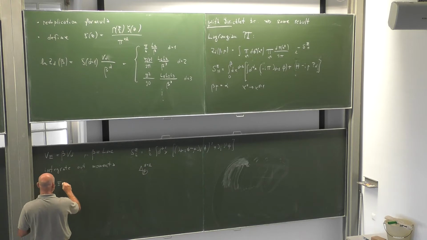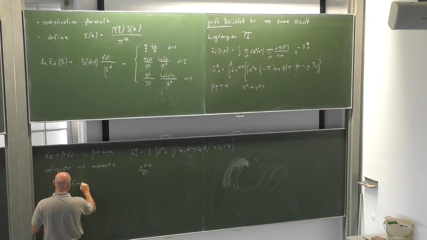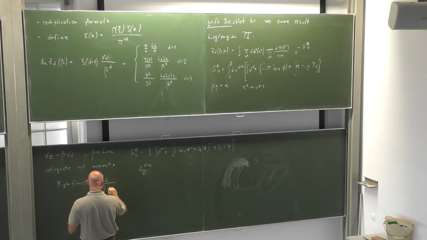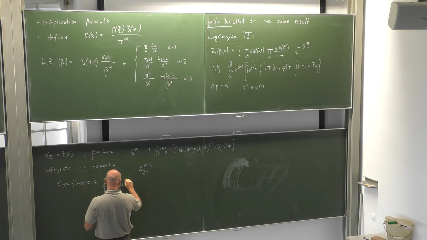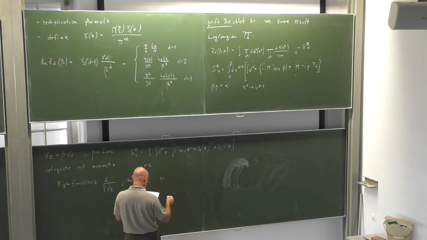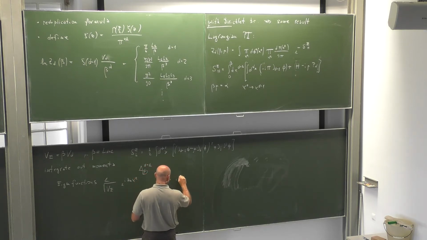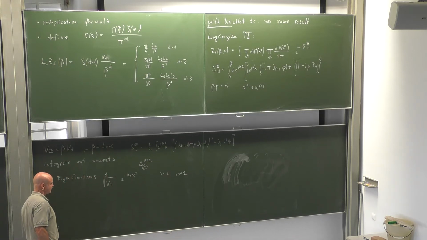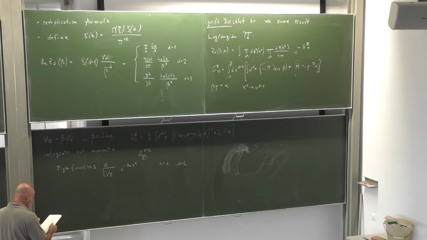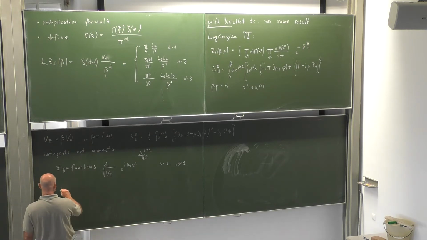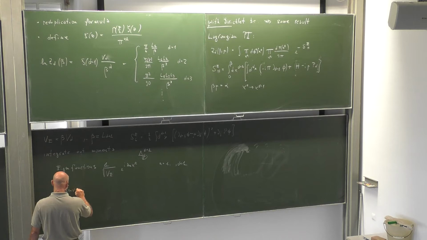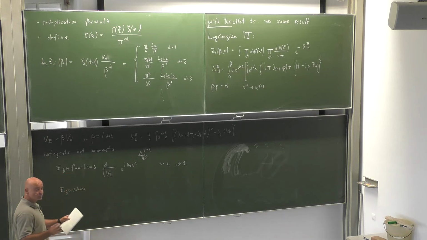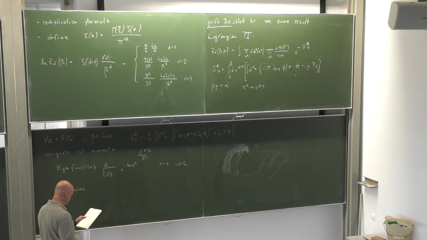In this case, the eigenfunctions are 1 over square root of V, e to the i k_a x^a, and now my index a runs from 1 to d plus 1, all the space-time dimensions. In this case you are lucky that you know exactly the eigenvalues of the problem, because a torus is simple, and you have all of them completely.